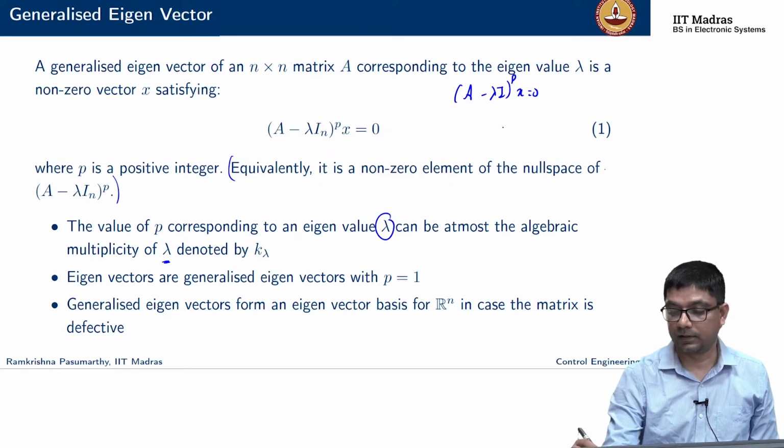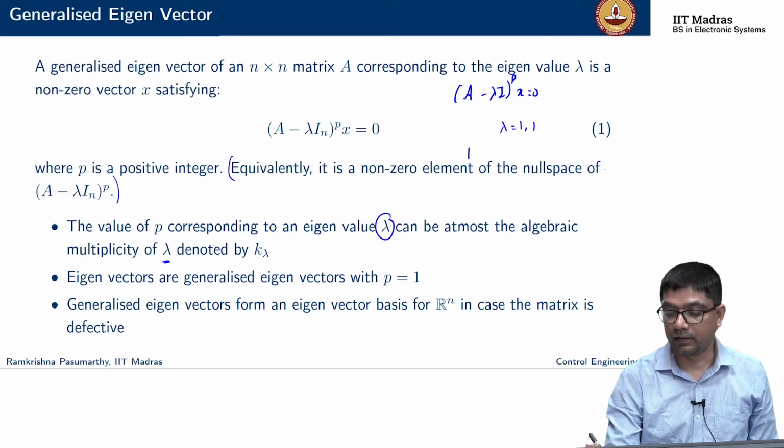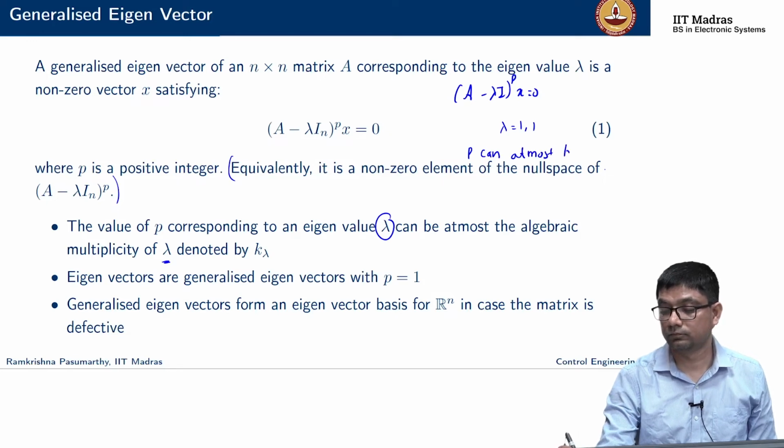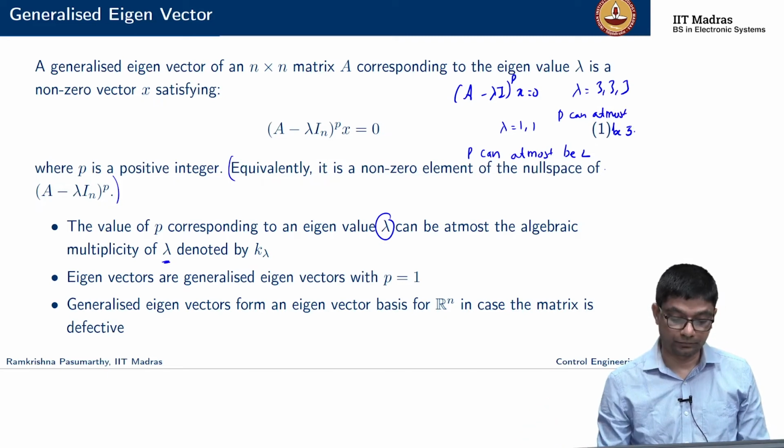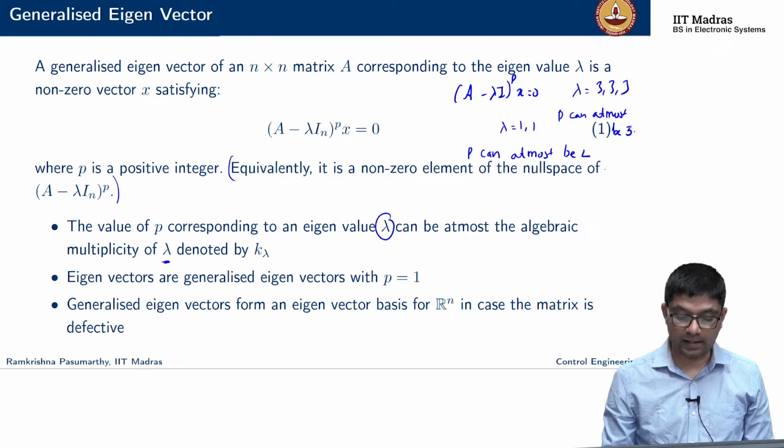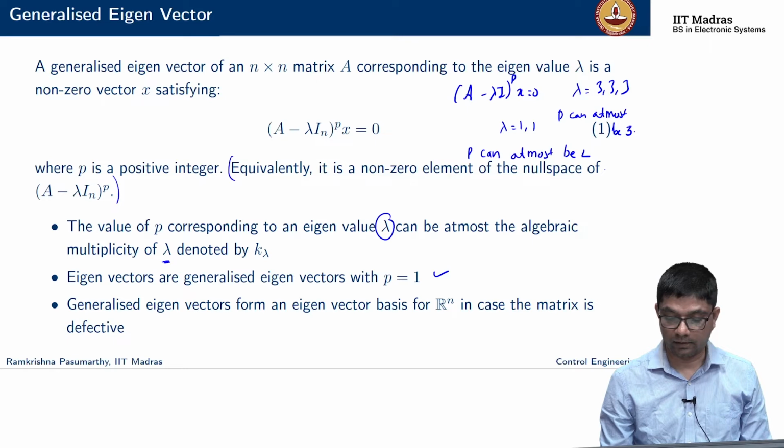So, in the case where eigenvalues were 1 comma 1, p can at most be 2. If this is equal to 3, 3 and 3, p can at most be 3. Okay. And eigenvectors are generalized eigenvectors with p equal to 1.